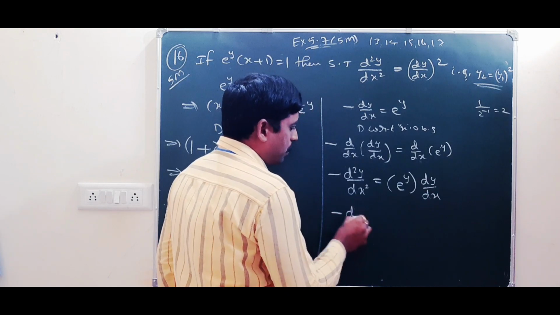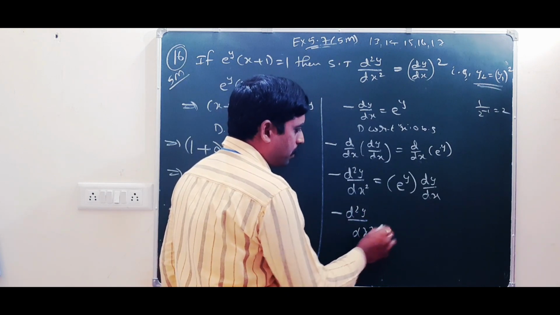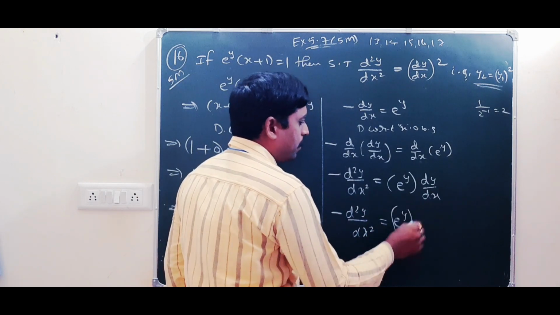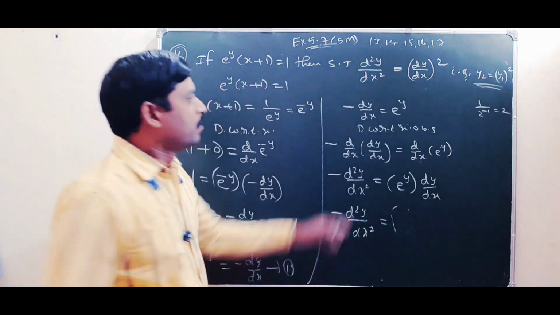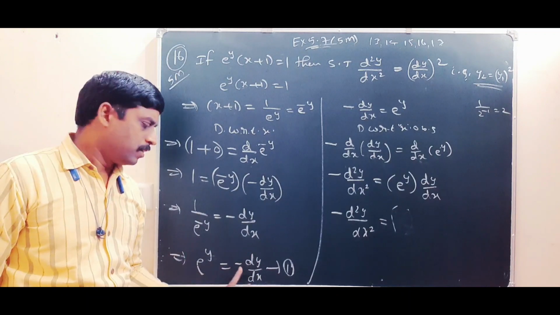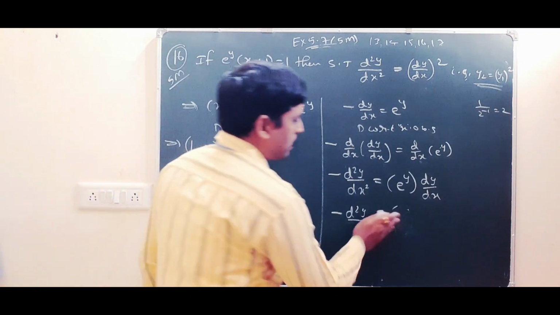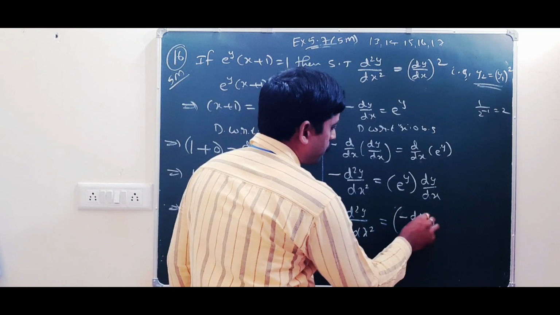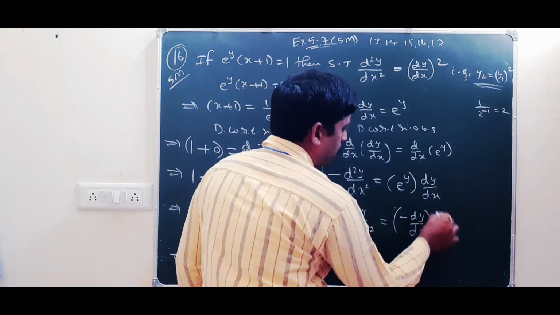Okay, so minus d square y by dx square equal to e to the power y into dy by dx. The e to the power y value from equation 1 is minus dy by dx. So minus d square y by dx square equals minus dy by dx into dy by dx.